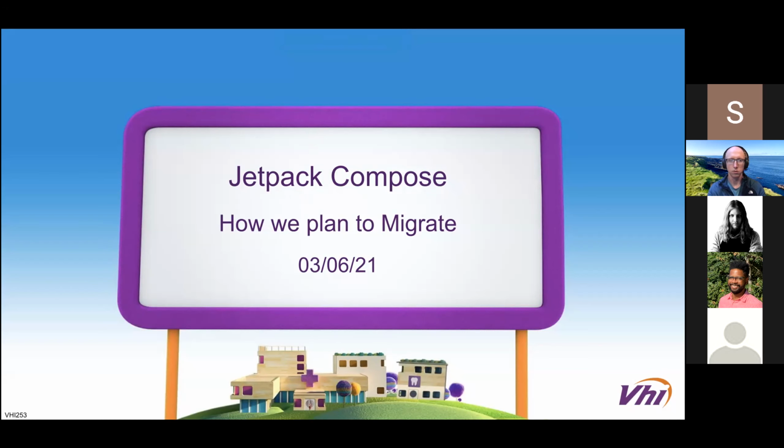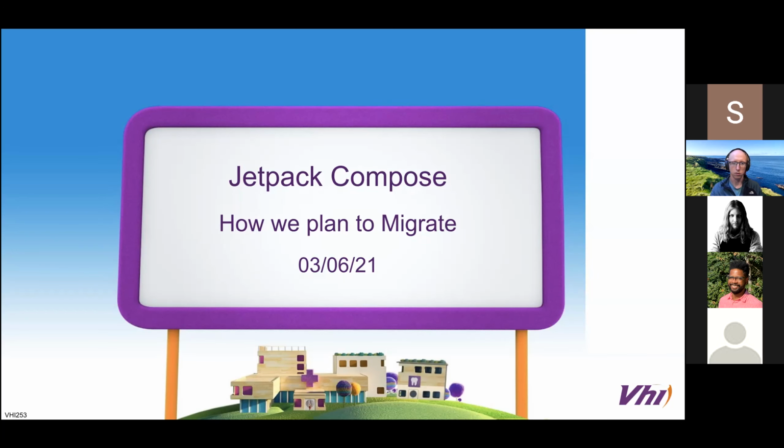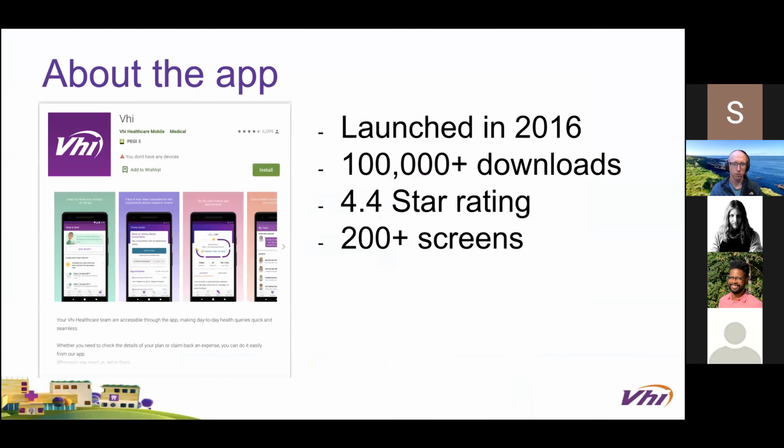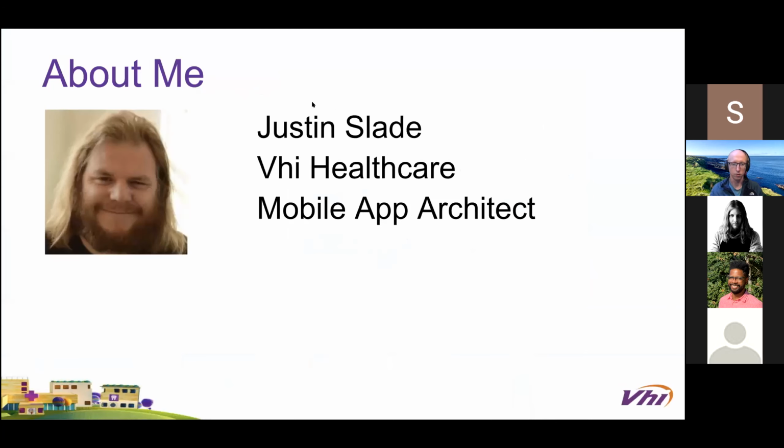What I've tried to do is present based on, how do you migrate over? What are the things that you need to consider? So to kick off, first of all, just about myself, Justin. I work at Vhi Healthcare, the mobile app architect. I oversee the Android and iOS applications.